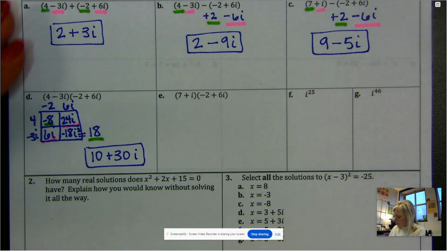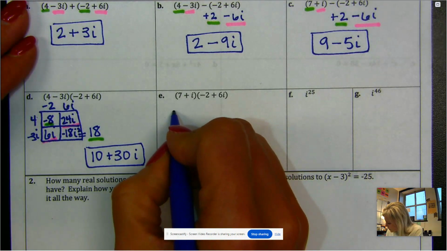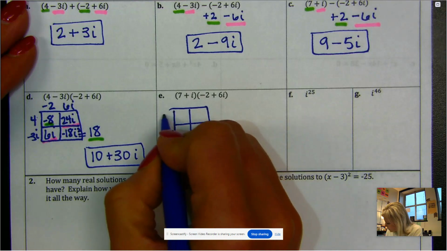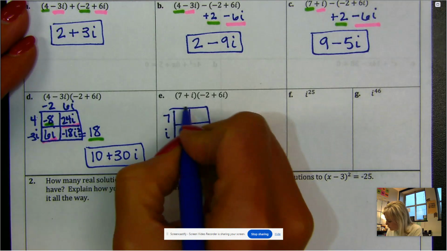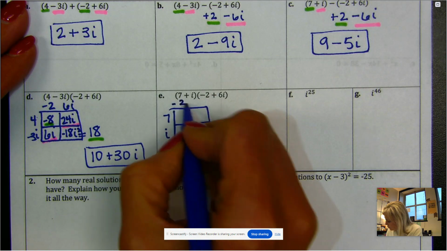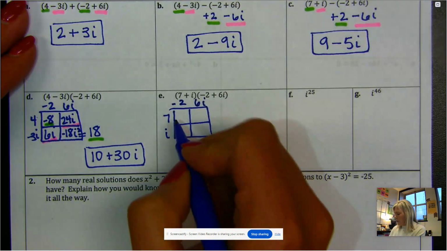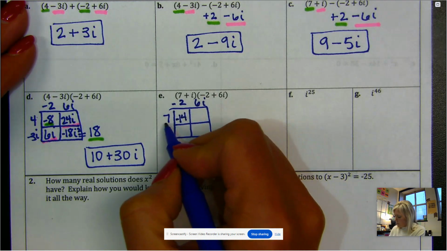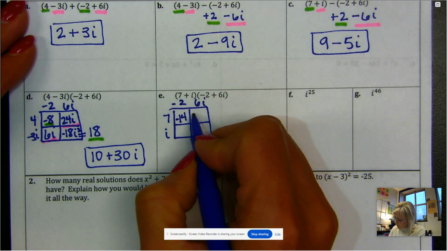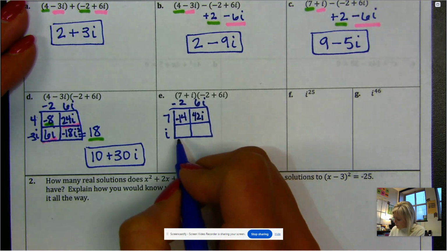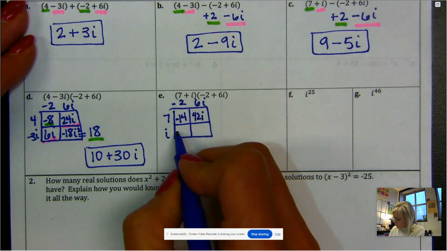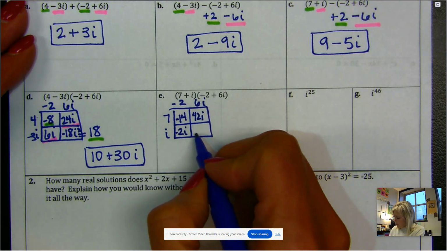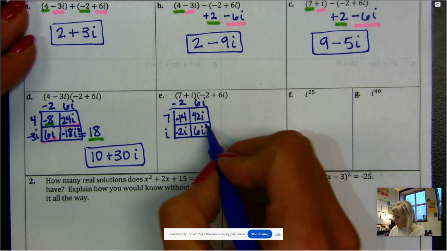Okay, E. It's a similar problem. So I'm going to set up a box. And I'll put the 7 plus i and negative 2 plus 6i. All right, so 7 times negative 2 is negative 14. 7 times 6i is 42i. i times negative 2 is negative 2i. And i times 6i is 6i squared.